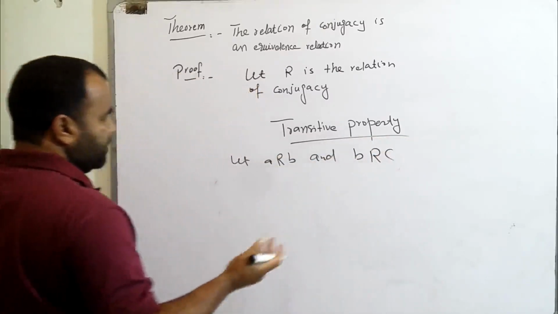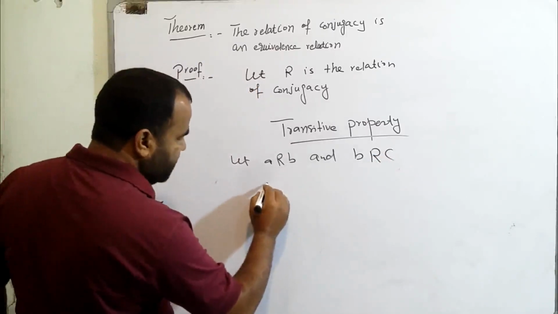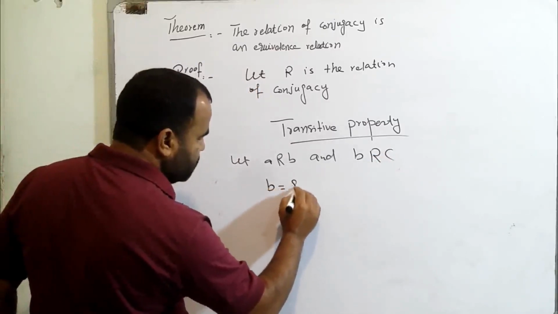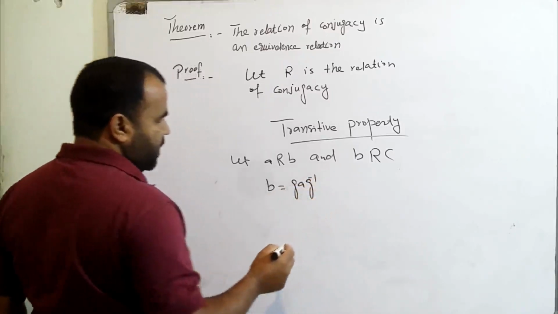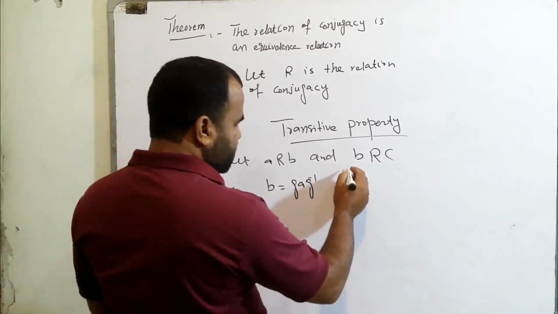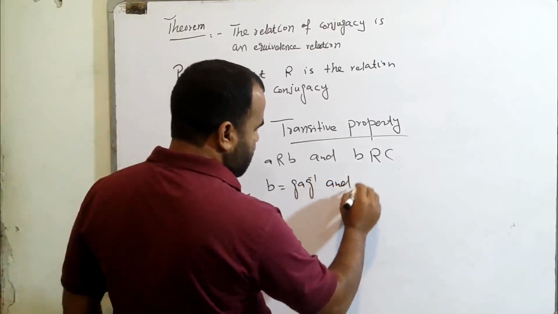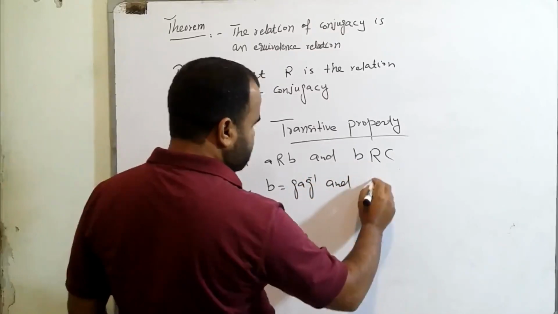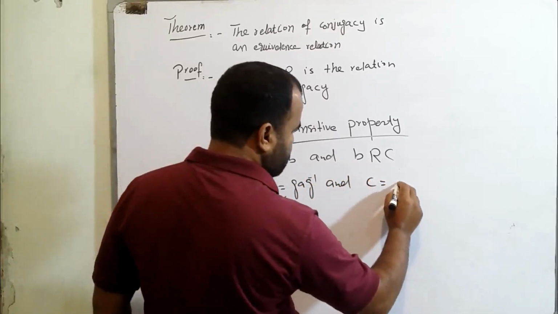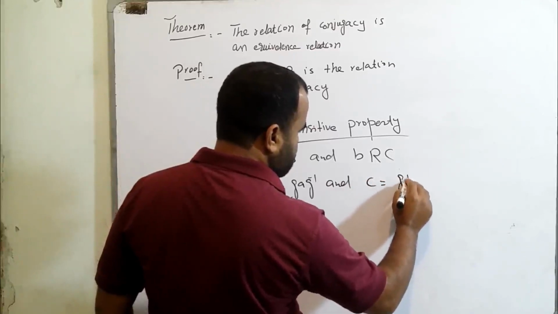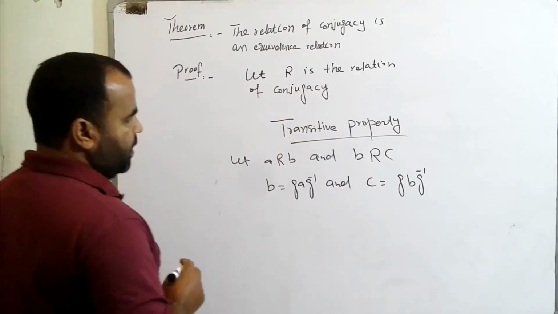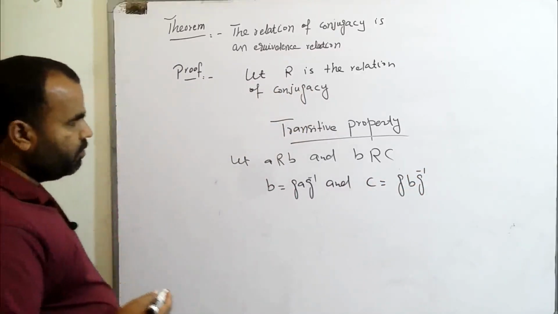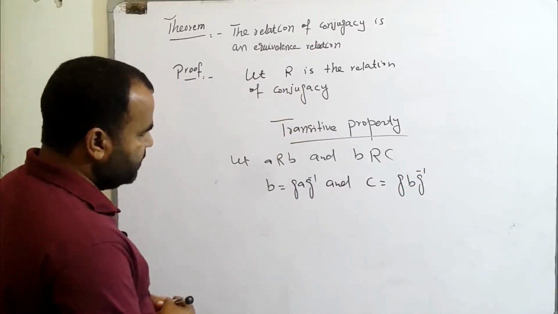We will prove that a is related with c. a related to b means that b = g^{-1} a g, and b related with c means that c = g^{-1} b g. Now we want to prove that a is related with c.